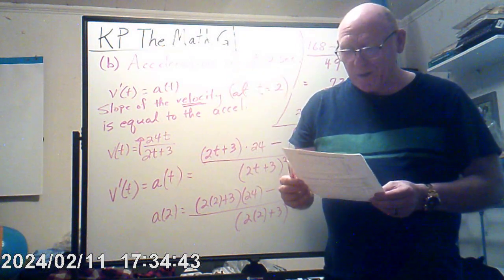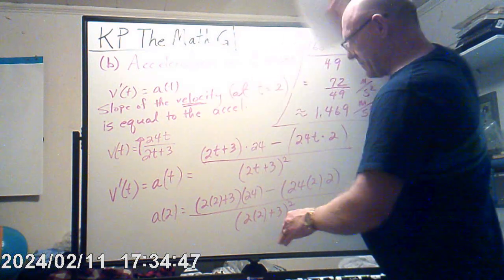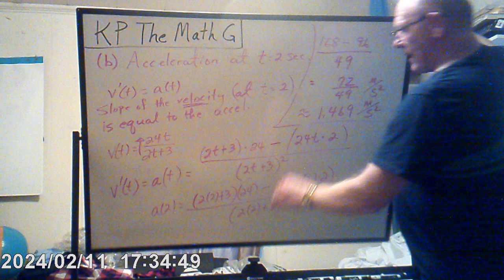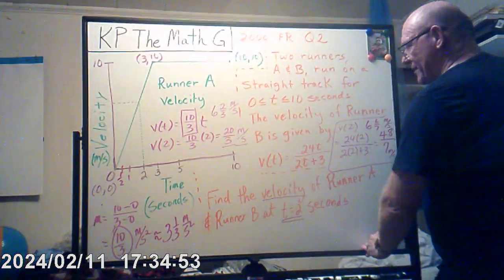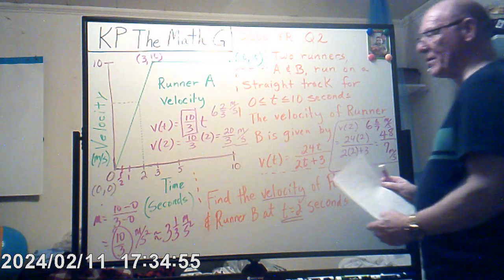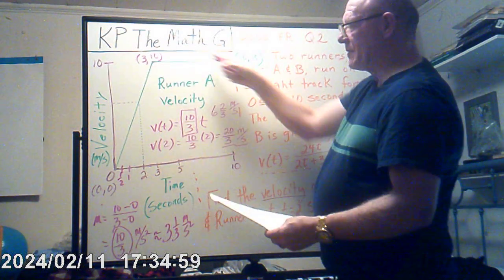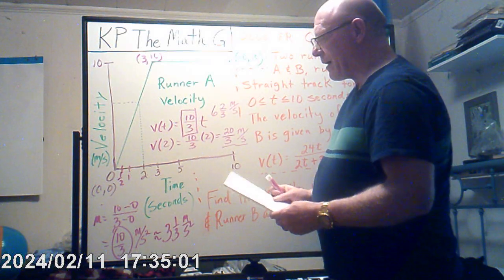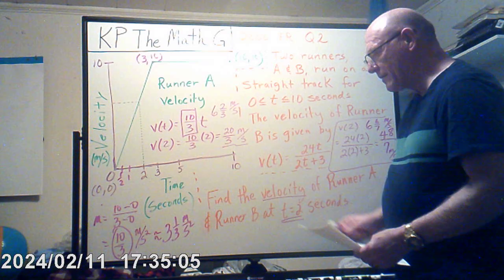Okay, so we could easily figure out, it asks for total distance of runner A. That would be easy to do, okay? And runner B, we would have to, now, distance.